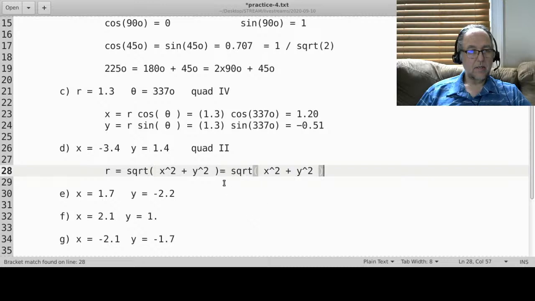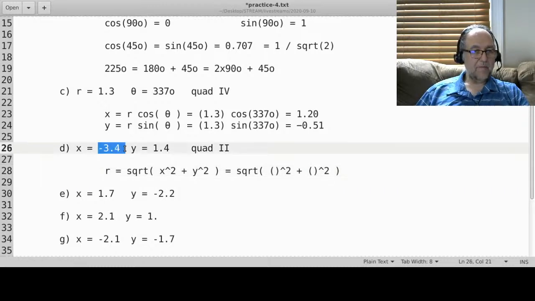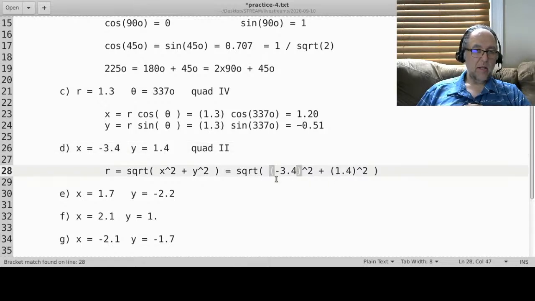Copy paste. Like that. When I solve this, I have to be careful here because I'm going to put x there and I'm going to put y there, and I'm going to have that value in there and that value in there. I have to be careful because when you square that negative 3.4, make sure that you square the negative along with the 3.4.